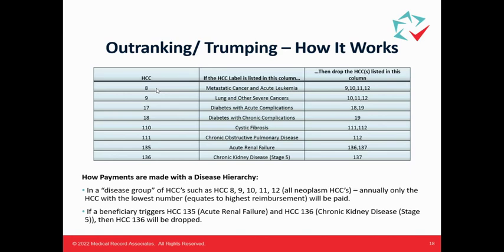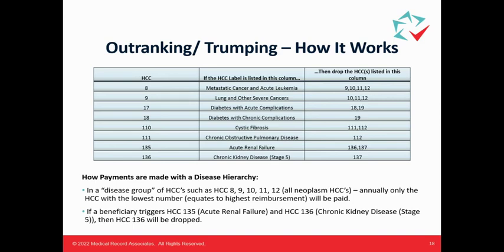In the model, you can only obtain one HCC for those like HCCs, okay? So these are all the cancer ones. So you're only going to get the highest paying HCC, and that's why it's having you drop all these.